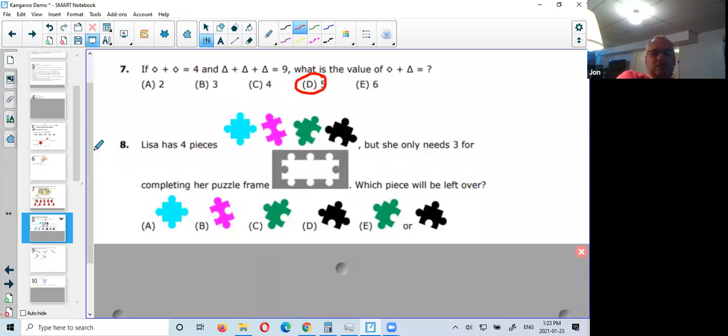It's A. Oh, it's A? We don't need A? Yeah. Only A. We don't need A because if you put black in the corner and then you add the pink in the middle and then the green in the other corner, then you don't need the cyan one.